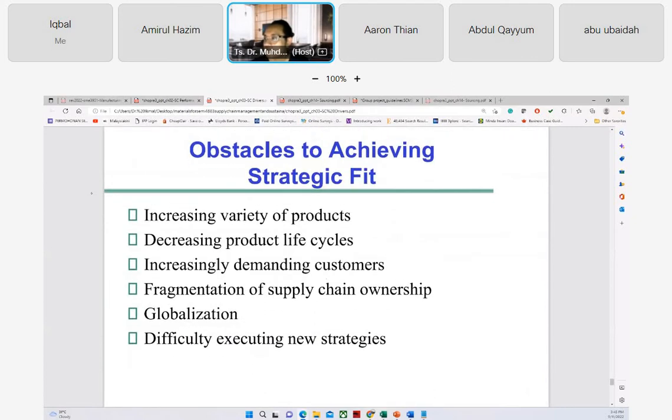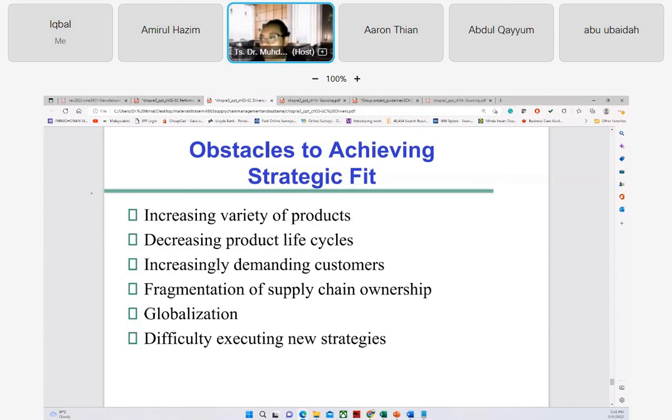All right, so the obstacle to achieve a strategic fit is the increasing variety of products. Customers are asking for many kinds of needs. Sometimes one product cannot serve all needs, so you have to have plenty of products, a variety of products.